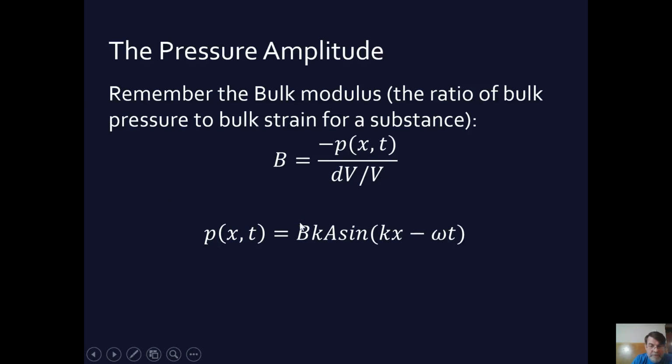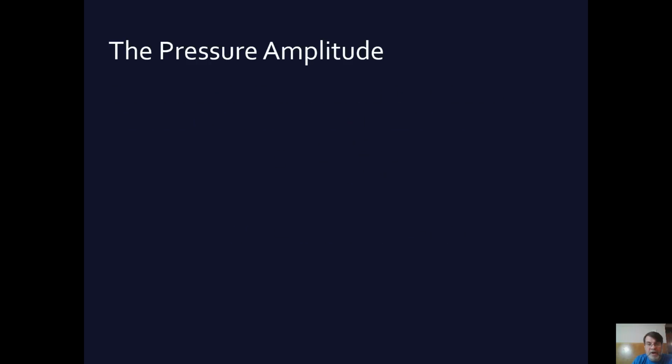There's the B from that part. What about the rest of this? Well, dV over V instantaneously is basically the partial derivative of y.